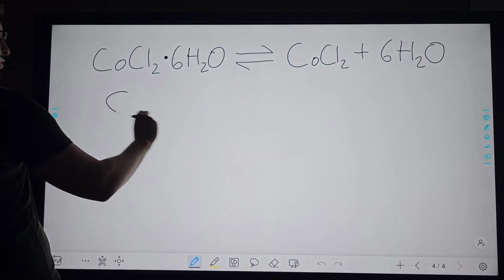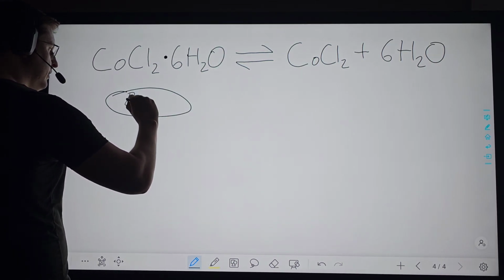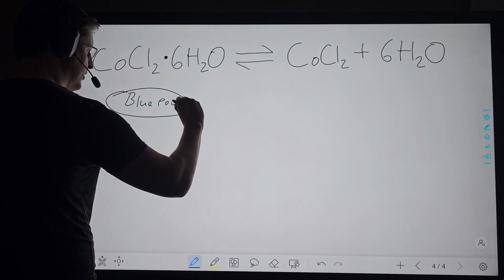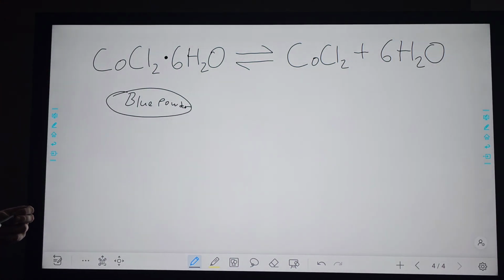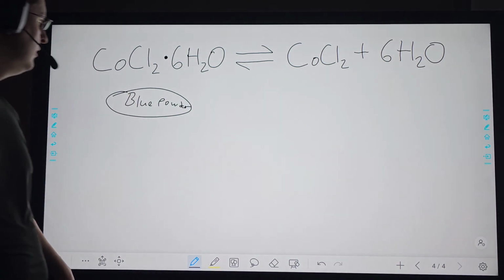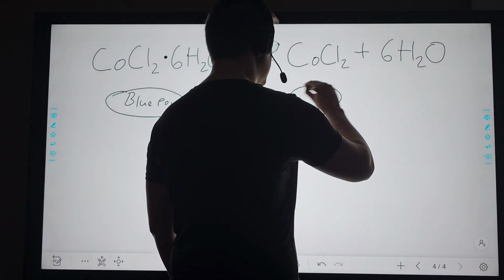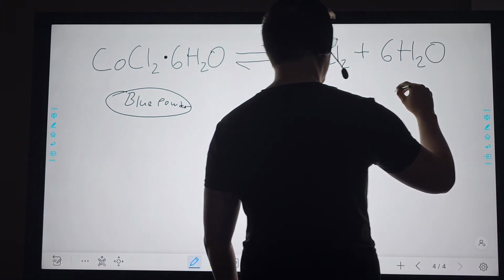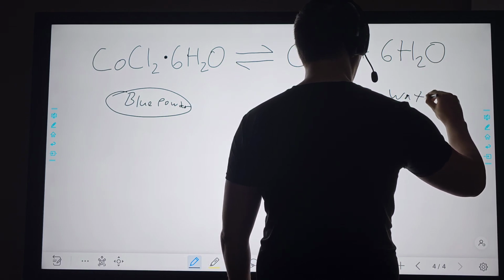So in this form, when it's hydrated, it's kind of like a blue powder. You know how the color of paper changes when it's wet? It's kind of what's going on here, okay? And then we can make it a white powder without water.